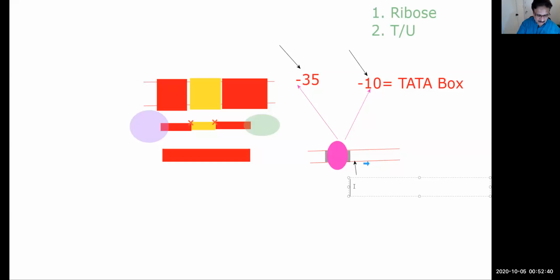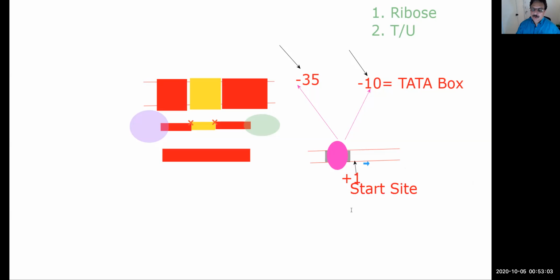It is called the start site. If this is the start site, then it becomes +1.